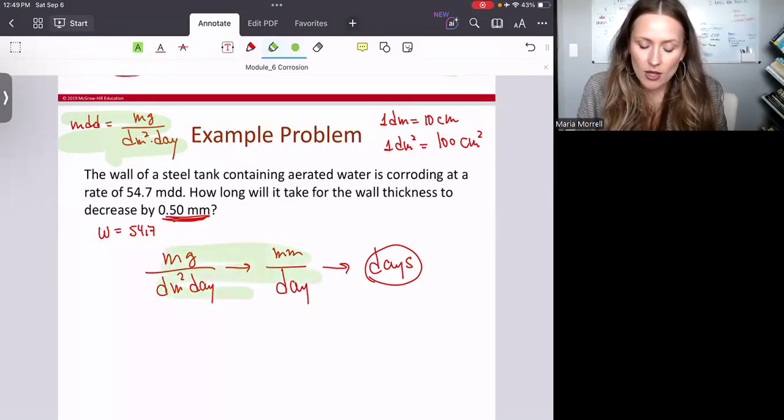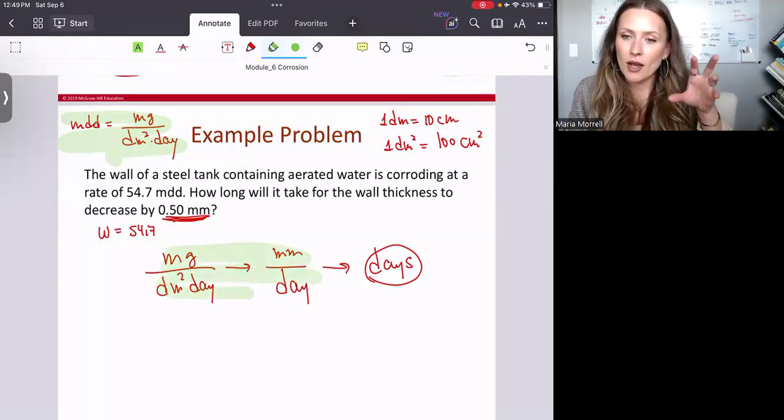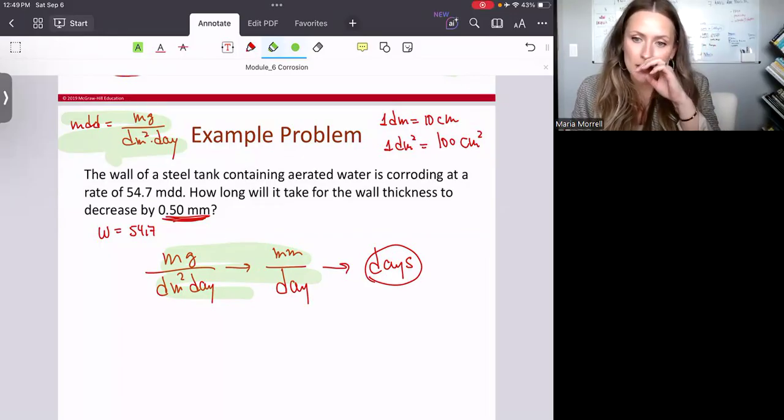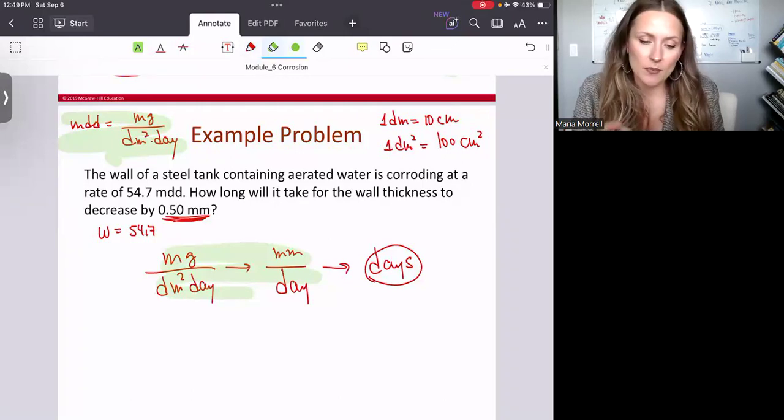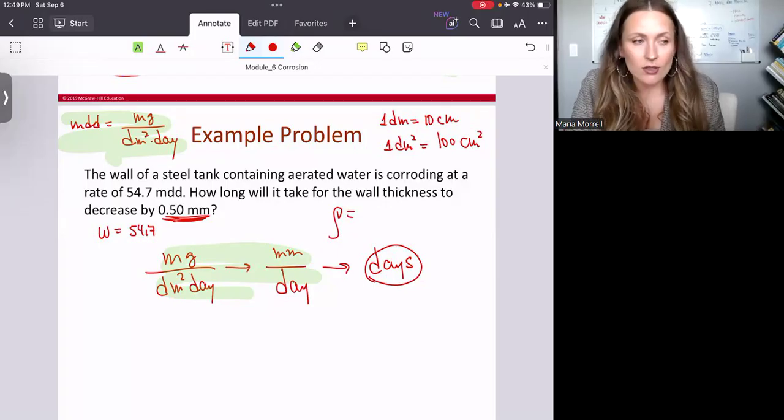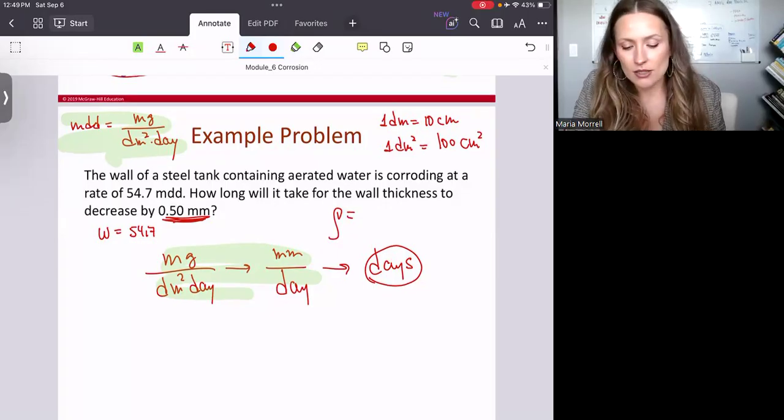How do I get rid of my milligrams per decimeter squared, because I'm going to keep just millimeters and per day? Well, I would need to know density, because that is going to be the way to make this jump. So the density of iron.